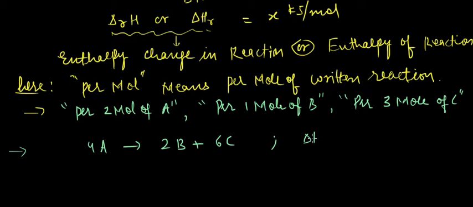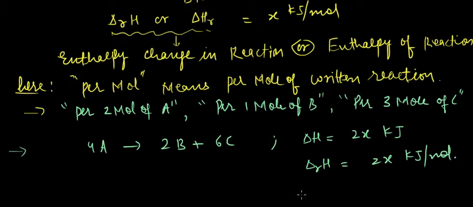So delta H for this reaction is, let's say, 2X kilojoule. So delta rH for the same reaction would be 2X kilojoule per mole.